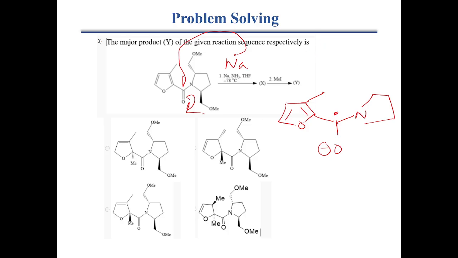This radical is formed. Now what happened? A radical rearrangement can happen. So this will go like this way, this will go like this way, and this way.